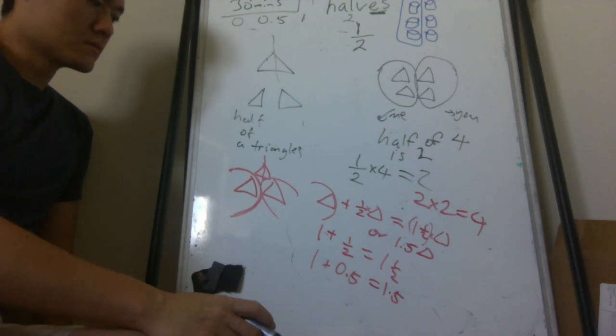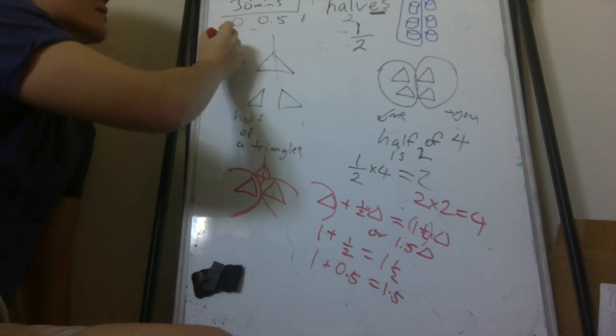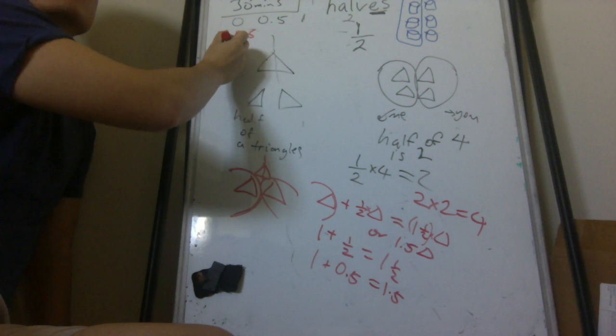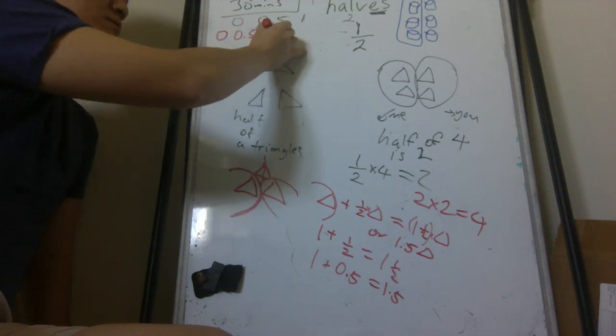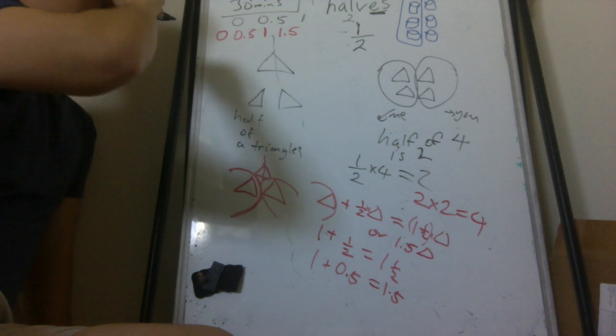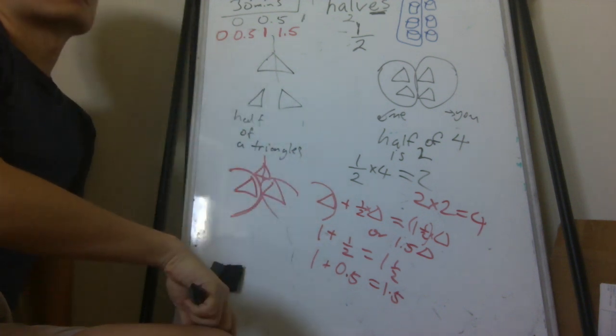So does it make sense if I said now you had 0, right? Then you can go 0.5. That's half, right? Then you have 1, then you have 1.5, which is another half. When there's 0, you do a 0.5. It's a little bit hard.